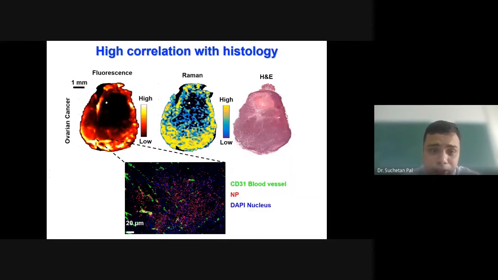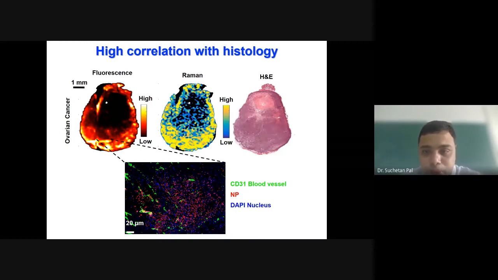Okay, and we have done all the different kind of fancy experiment where you can actually see this is the fluorescence image of excised tumor, and there is some high fluorescence from some area, there is low fluorescence from some area. Similarly, you have high Raman signal from some area, low Raman signal from some area.